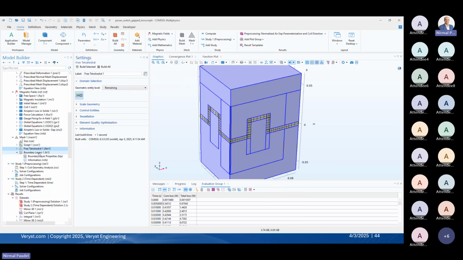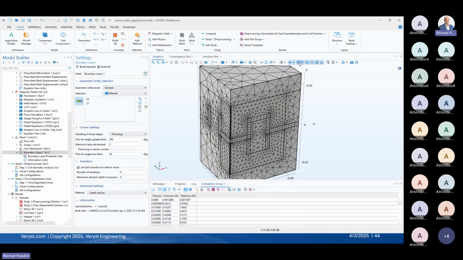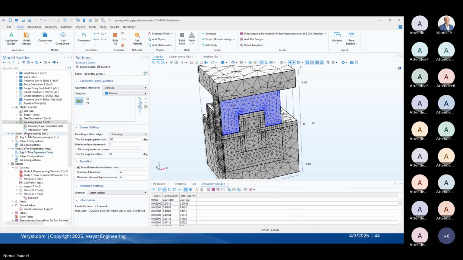Everything else is tetrahedral, and then we have a boundary layer mesh on all the outer boundary of the coil and the core.